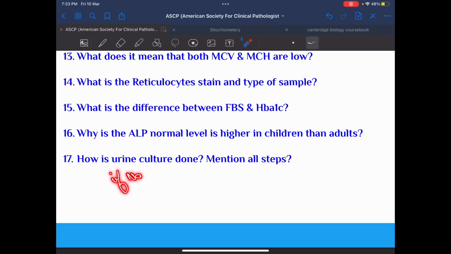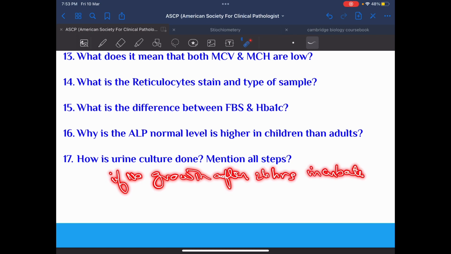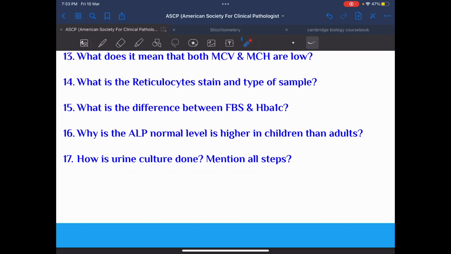If no growth after 24 hours, incubate more to 48 hours and check again. If you notice any colonies, you will identify if it is significant or not. If it is significant, you will identify the type of bacteria and do a sensitivity test. If it's still no growth, you will report no growth for urine culture.